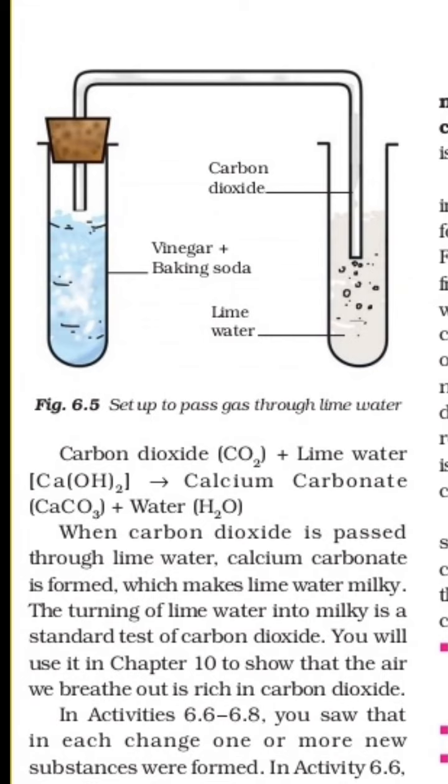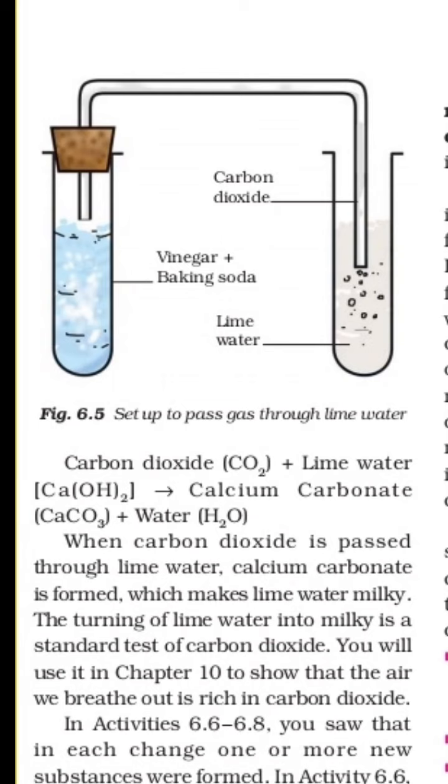Here you can see the setup in figure 6.5, the setup to pass gas through lime water. This is the proper setup. There is a first test tube with vinegar in it, and when a small amount of baking soda is added, the gas passes through the tube from that test tube into the lime water.